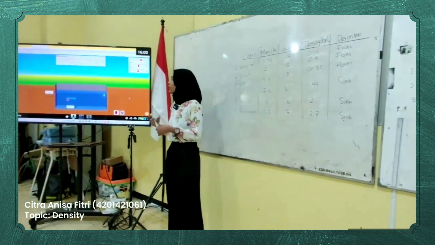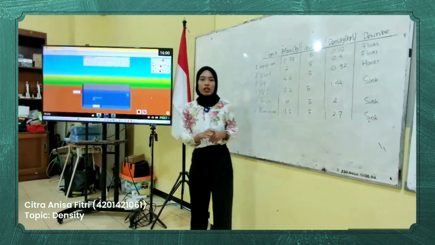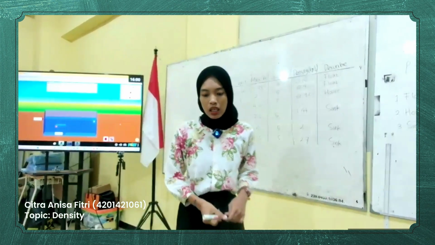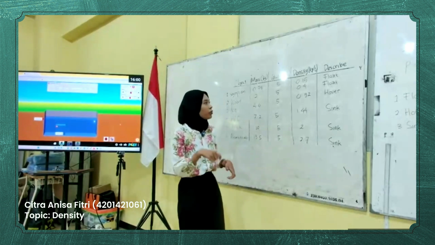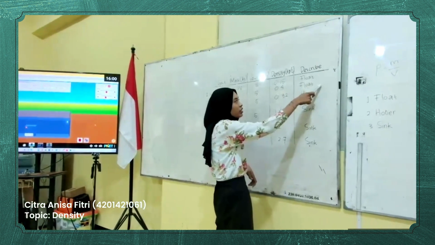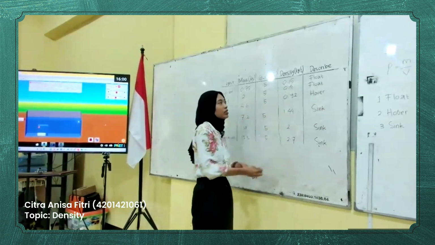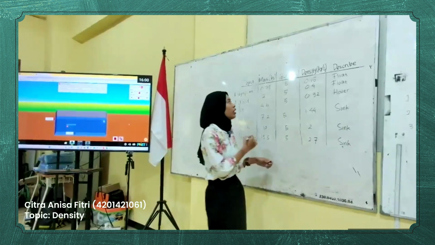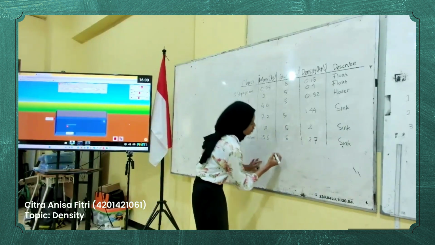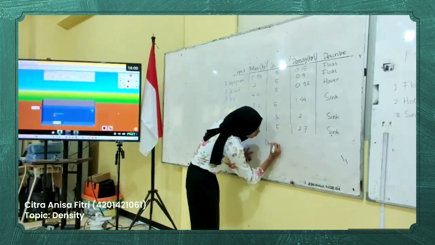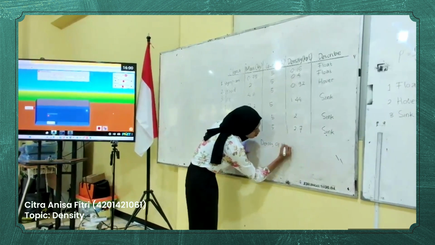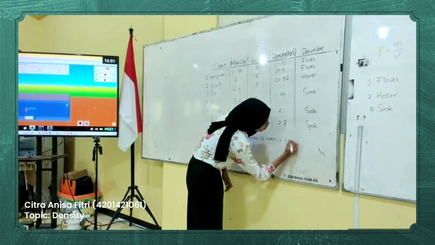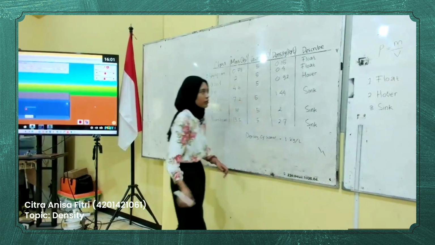Okay, so we already done the simulation. For the simulation, we know that the object will float if the density of the object is lower than the density of water. The density of water is 1 kilogram per liter.